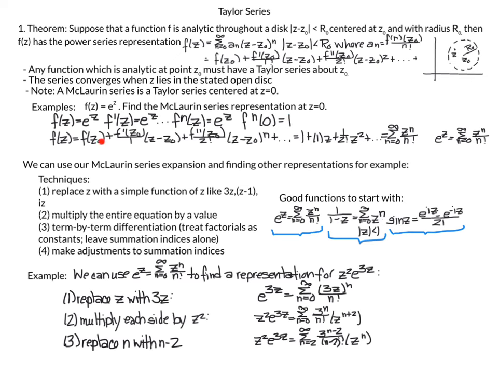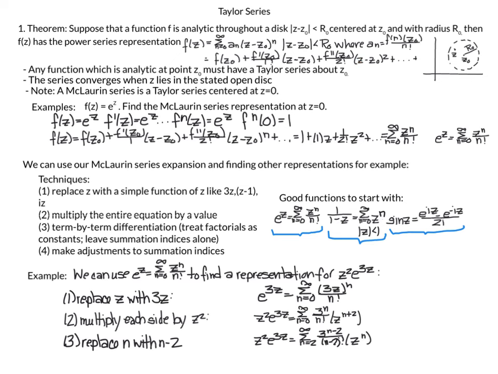We have f of z0, which is equal to 1, plus f prime at z0 over 1, which is equal to 1 times z minus z0. And then we have f double prime of z0 over 2 factorial times z minus z0 squared. So our f double prime at z0, again, is equal to 1 over 2 factorial z minus z0. This is just a 0, so that's z squared.